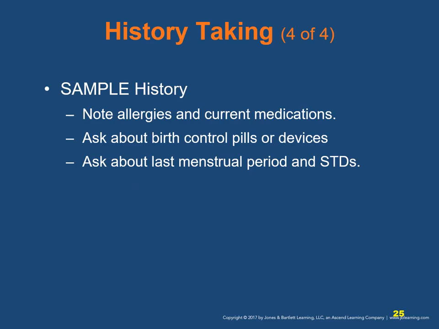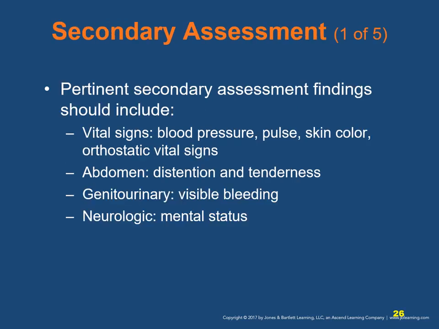SAMPLE history. Make a note of any allergies or medications she may be taking, birth control pills and devices. Ask the patient about medical conditions and the last menstrual period. This will help demonstrate possible pregnancy. Also ask about the possibility of STDs.